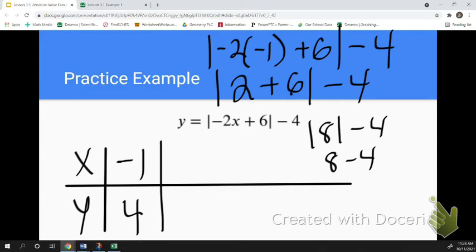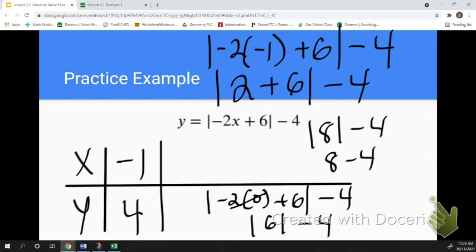That's the first one. And then we're just going to continue that. So the next one, I'm going to plug in 0. -2 times 0 plus 6. That's going to turn to 0. Absolute value of 6 is 6 minus 4. We should get 2. And so on.